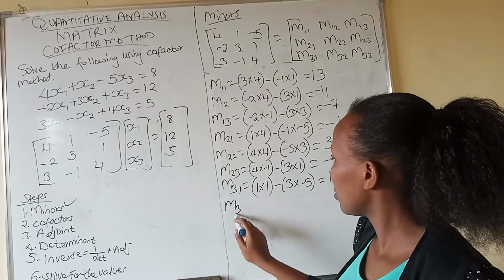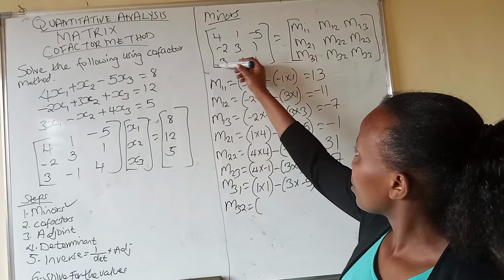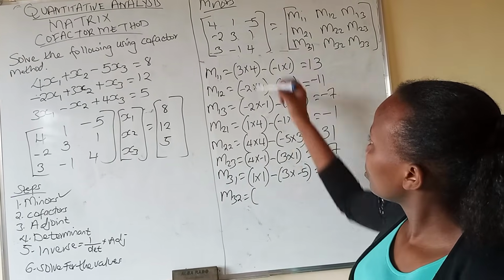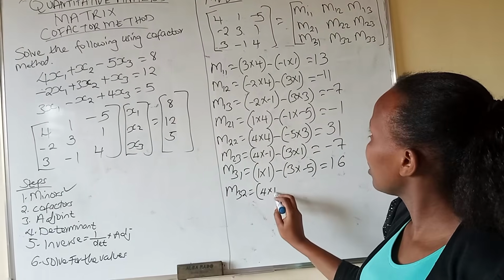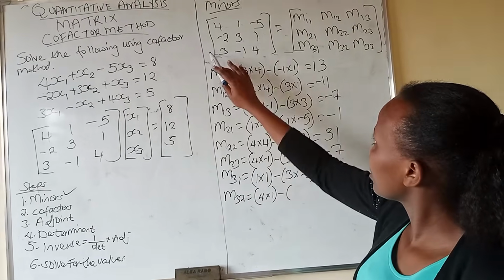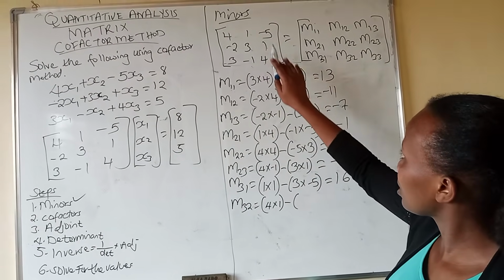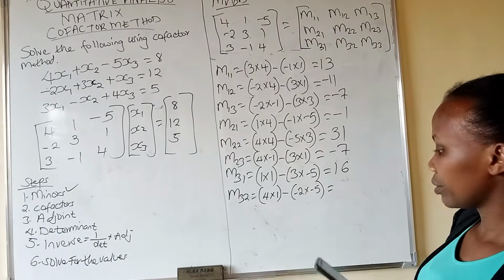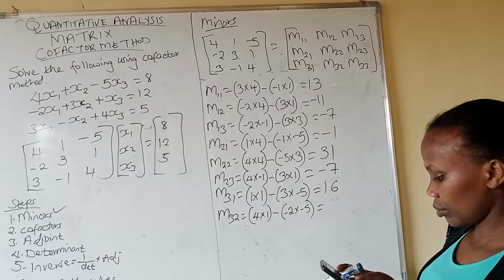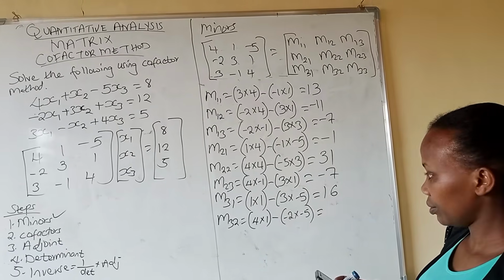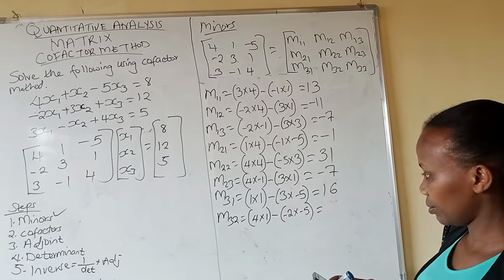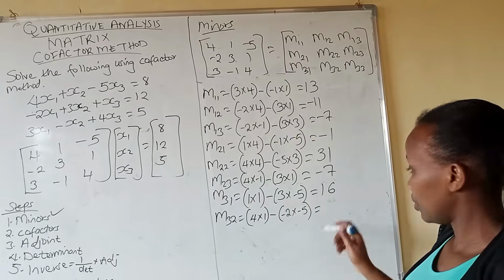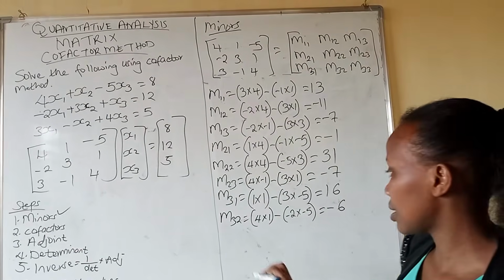And M32, not in row 3 and column 2, which is 4 times 1 and negative 2 times negative 5, which is negative 6.